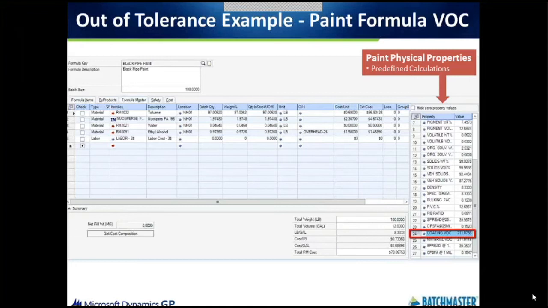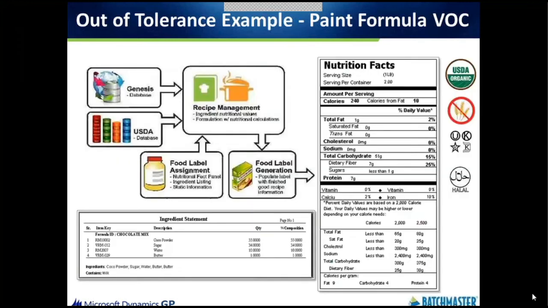That's the VOC, and the system does these calculations, and it will alert the person when, in this case, the VOC is out of tolerance. And Diane will be demoing the correction of an out of tolerance scenario with a food recipe.